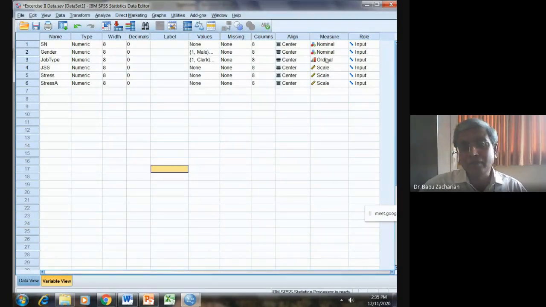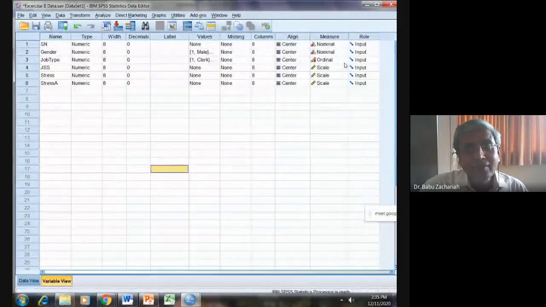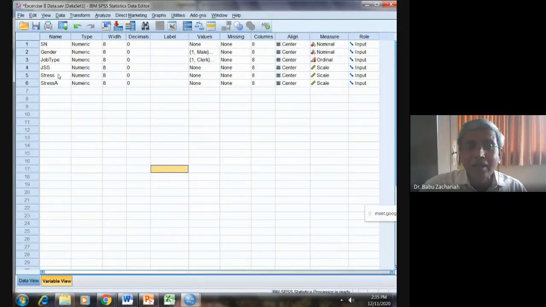Now regarding measure, levels of measurement. Serial number, as you know, it's a nominal variable. Gender also nominal variable. Job type, clerk and officer, there's an order. So I have given ordinal. Okay, and then job satisfaction score, stress and stress after intervention.